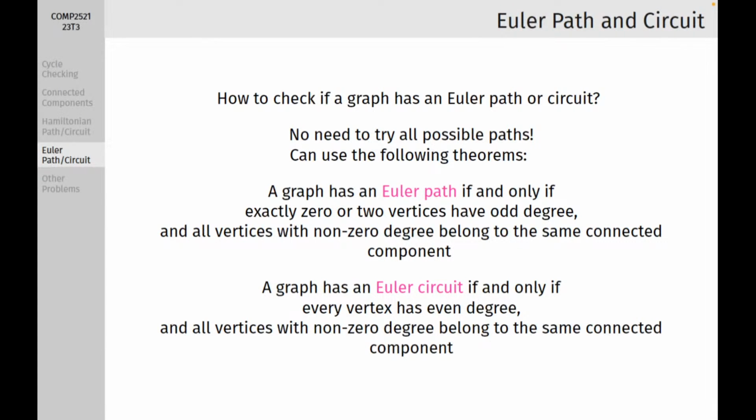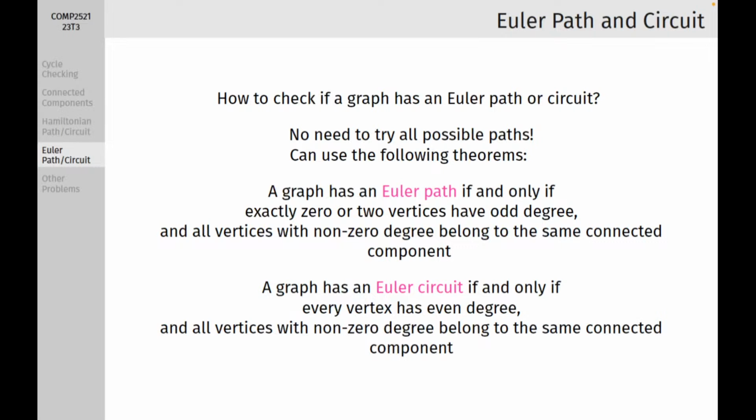All possible permutations of edges, right? And with Hamiltonian path, you only need to check all possible permutations of vertices, right? But for edges, you might have a lot more edges than vertices, right? So it could be very, very inefficient.